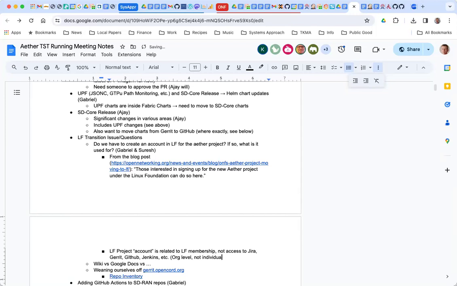So let me try to chime in here too. There's a difference between being a technical participant in a project and being a member of the directed fund that supports Ether. An LF project account is a user ID to access their systems, and I think you have to have that account to sign up for membership.